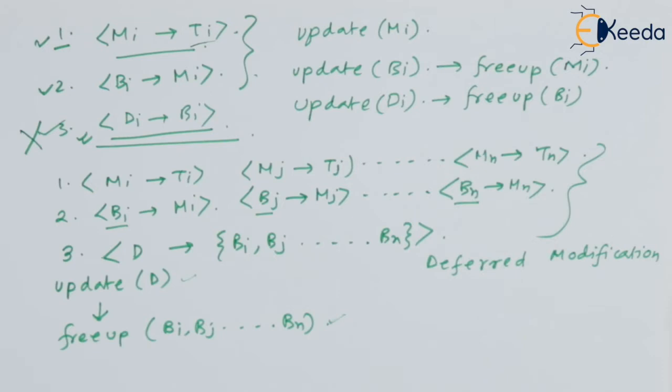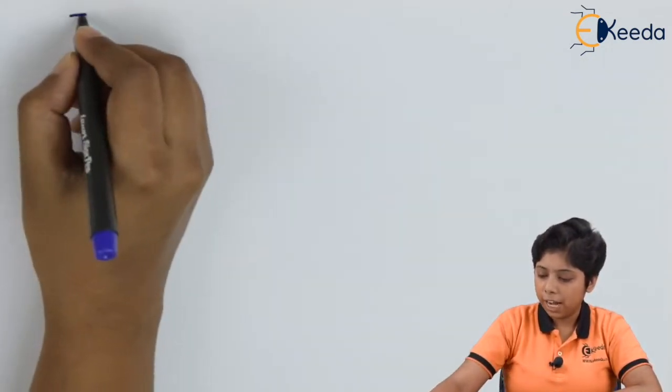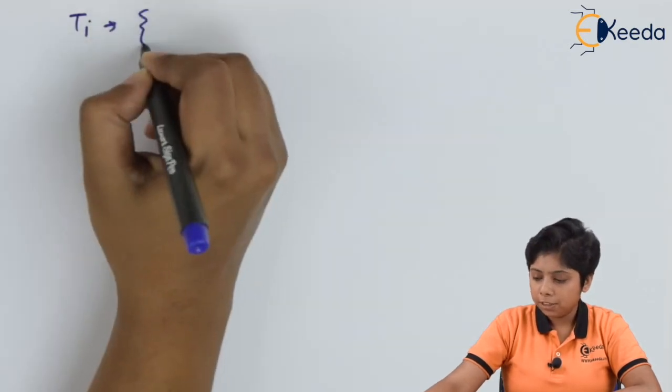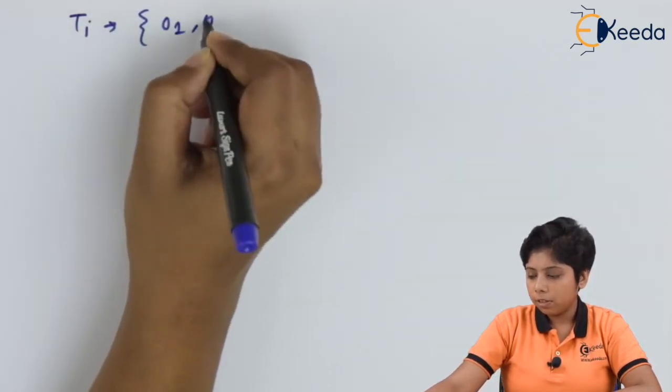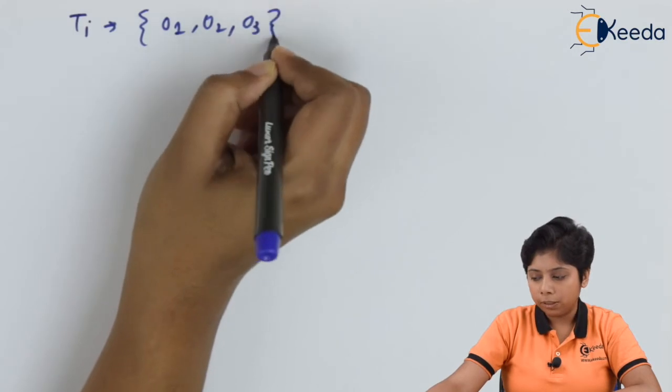And the second problem is that the transaction has modified the database and is in active state, but after that it cannot complete its execution, so that it has to abort. That means, say suppose we have a transaction TI with operations O1, O2 and O3.